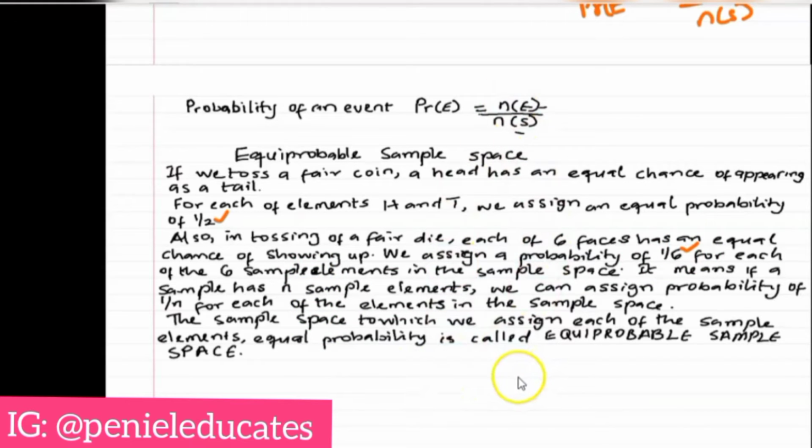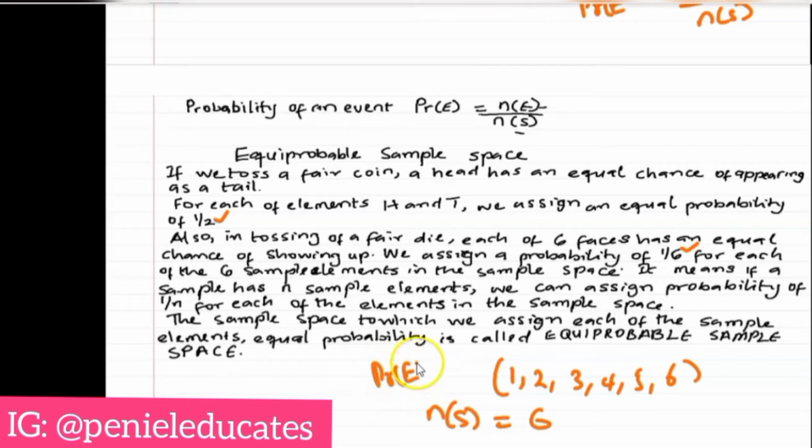Here you have the number of elements in the sample space to be 6, and the probability of an event E, for a 1 to occur, is 1, the element, over the sample space, which is 6.